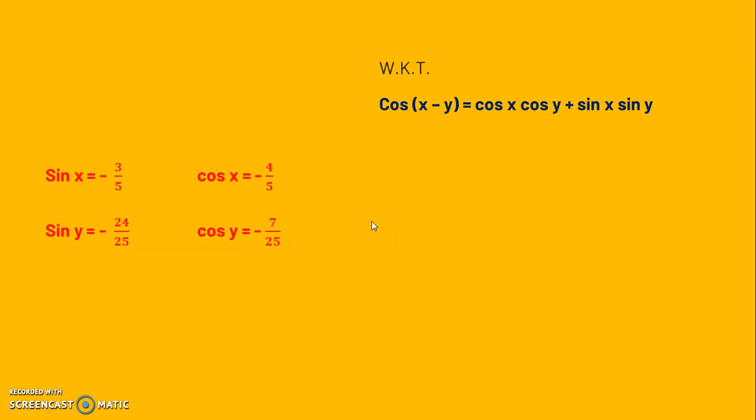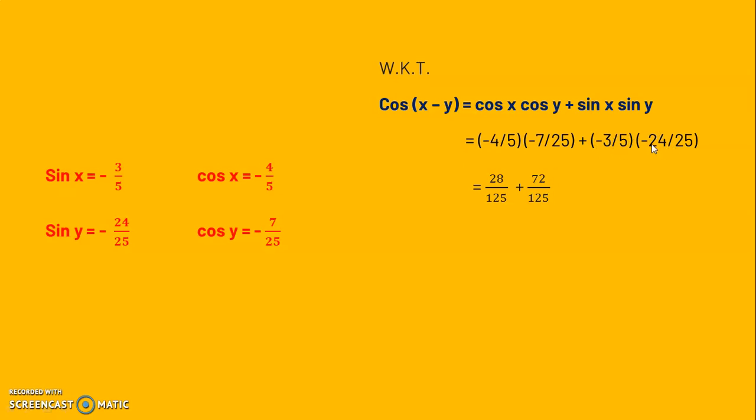So we know the formula for cos of x minus y, that is cos x cos y plus sin x sin y, that is minus 4 by 5 into minus 7 by 25 plus sin x is minus 3 by 5 and sin y is minus 24 by 25. So if we multiply these values, we get minus into minus plus, so 4 into 7 is 28 divided by 5 into 25 is 125, plus here also minus into minus plus.